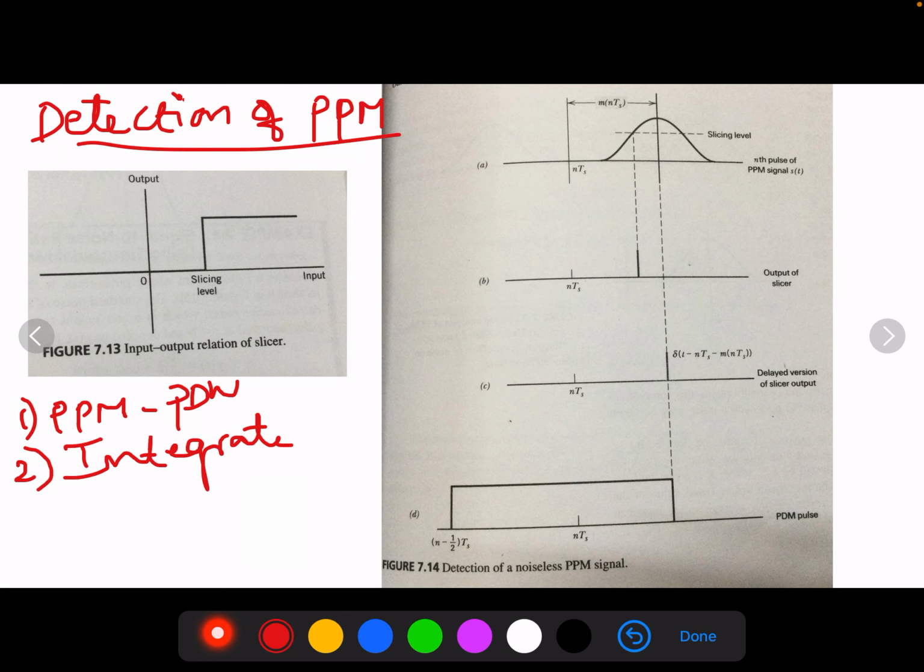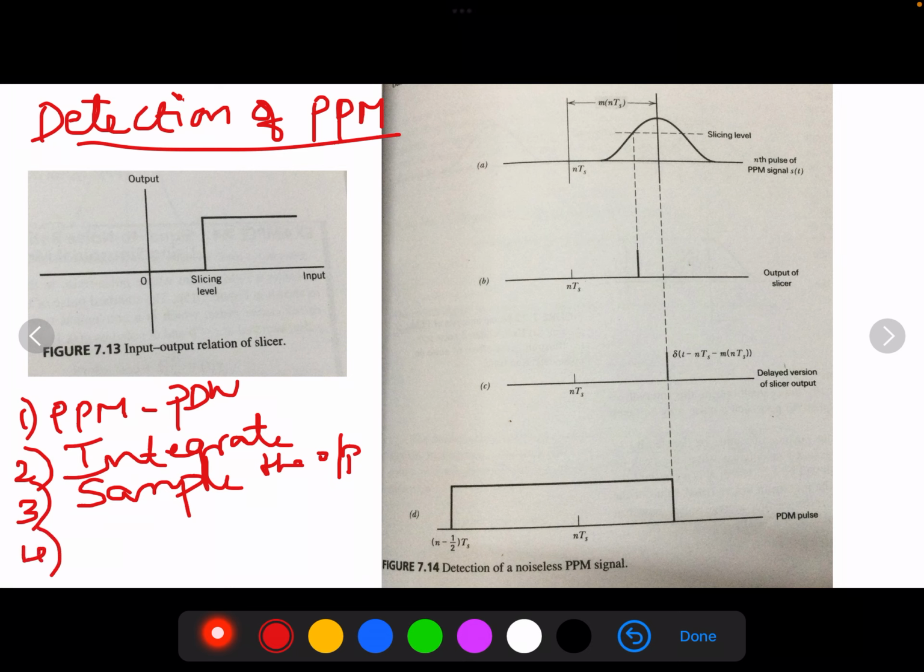Third one is sample the output. Sample the output of the integrator at a uniform rate to produce a PAM wave whose amplitudes are proportional to the signal samples M of nTs of the original PPM wave S of t.